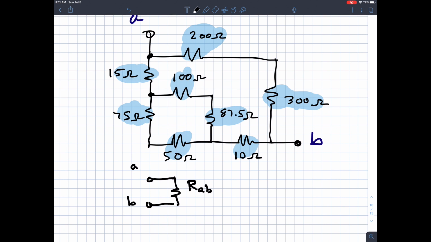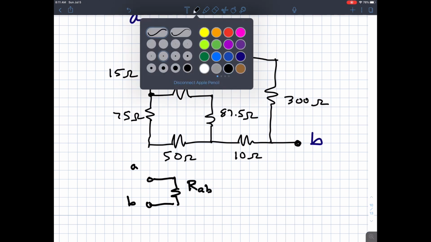Remember my test for something being in series is, does the same current flow through both? These are my resistor values. I'll remove the highlights for now so we can talk about different ones. I got to start somewhere, looking for things in series or in parallel.